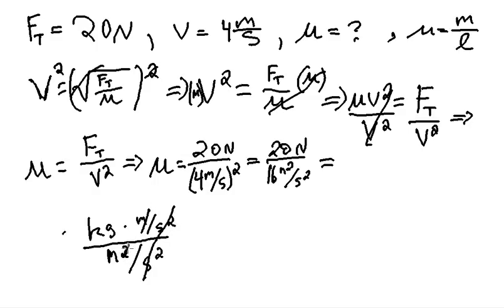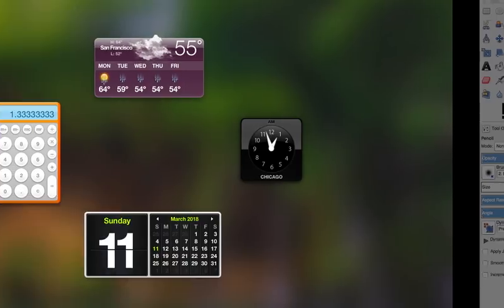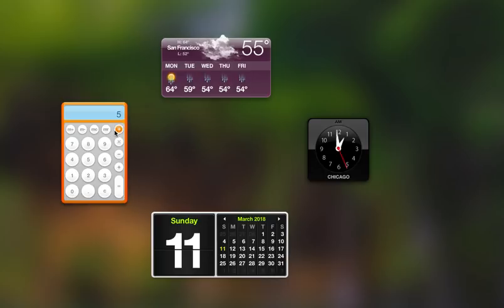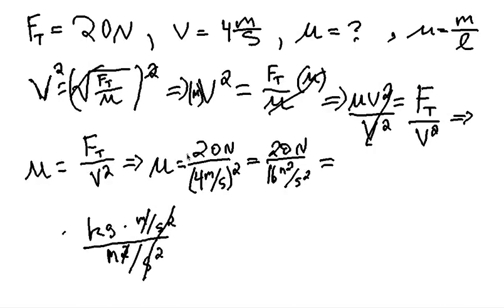This meter cancels out with this square meter, and we're left with kilograms per meter. So 20 divided by 16 reduces to 5/4, which is, I cannot do decimal division tonight, 1.25.